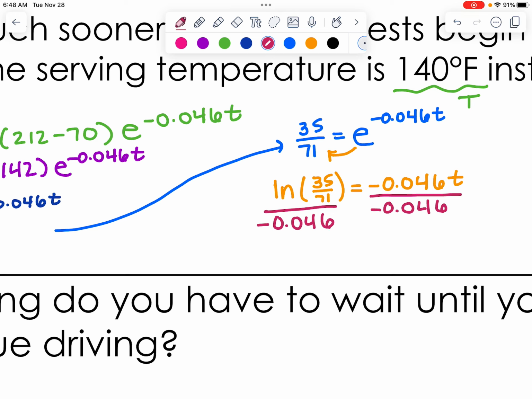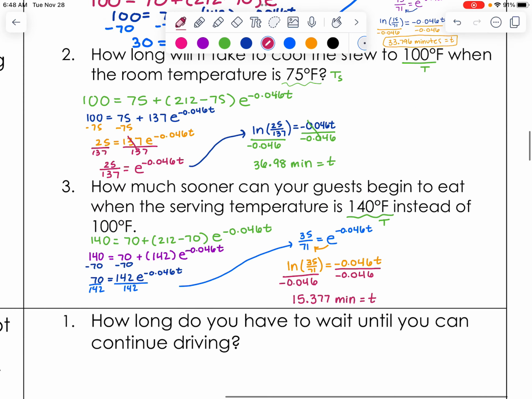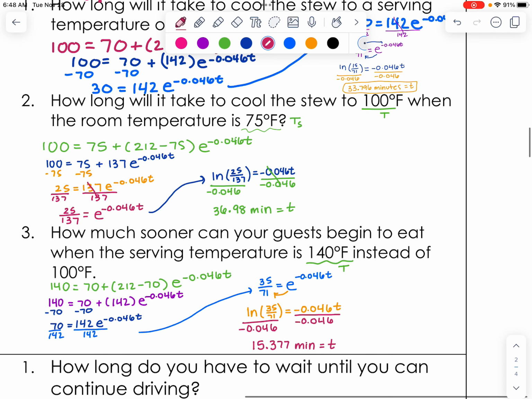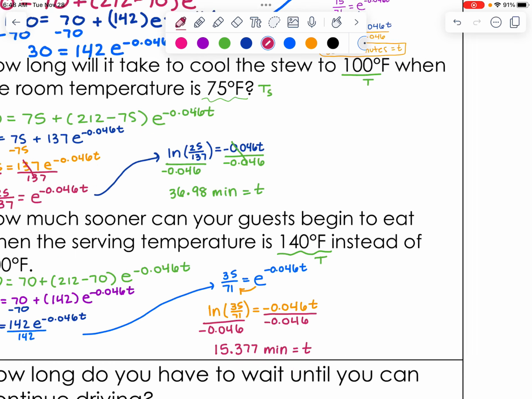Plugging this into my calculator, I get 15.377 minutes equals t. Now, the question was, how much sooner can our guests begin to eat? Well, originally it was going to take 33.796 minutes, and now it's only taking 15.377 minutes.